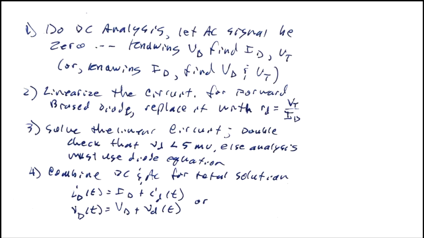Once you have that, you can calculate little rd, the small signal resistance, and then you replace the diode with a small signal resistor and solve the circuit for just the small signal. And then at the end, if you really need to, you can combine the currents and voltages, the DC and the AC part, to get the total solution. But lots of times we're just interested in the small signal solution.